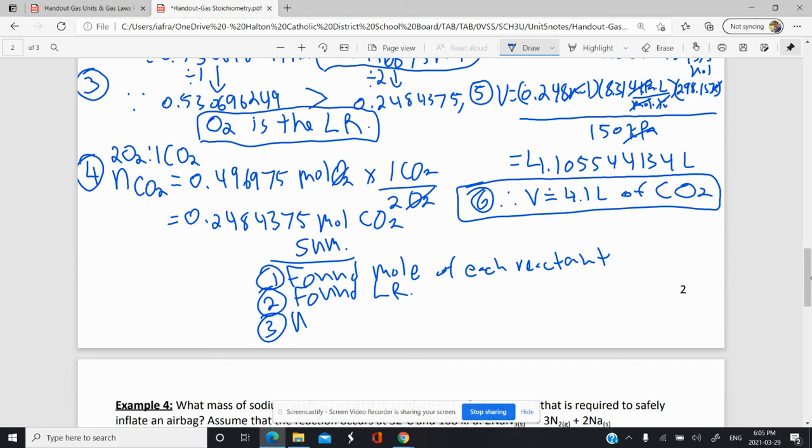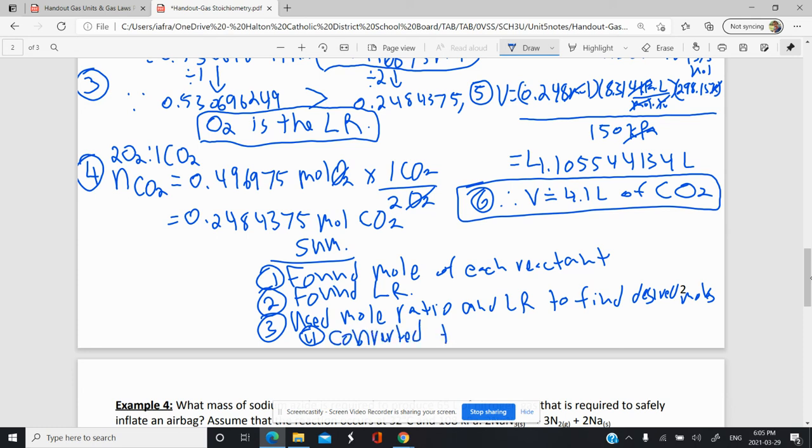Three, we used the mole ratio and the limiting reagent to find the moles of the desired substance. And then four, we converted to the desired value, which in this case was volume.